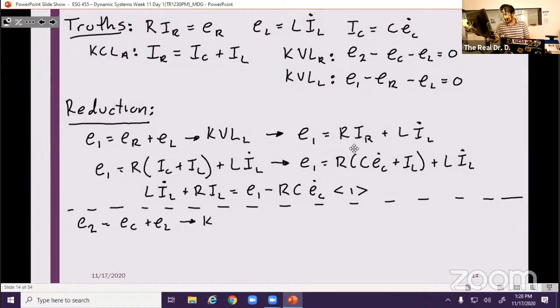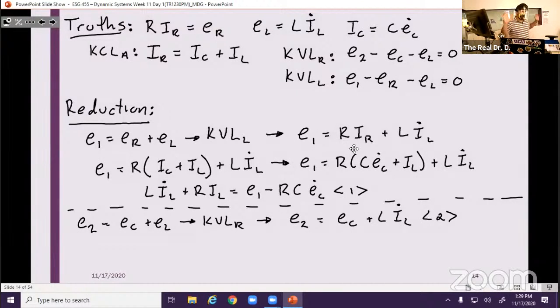And this is KVL from the right-hand side. Well, I like that one quite a bit because I've got E2 is equal to E_C plus L I dot L. And that's it. That's everything, right? Because in terms of I_L, E_C, and E2, which are all input and output variables.